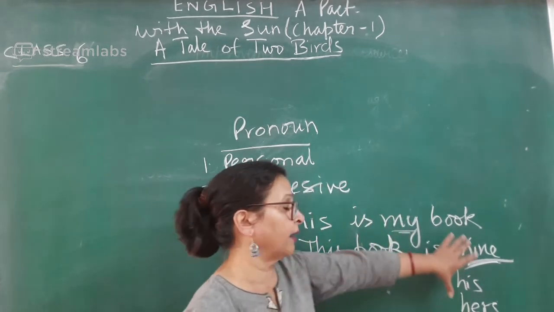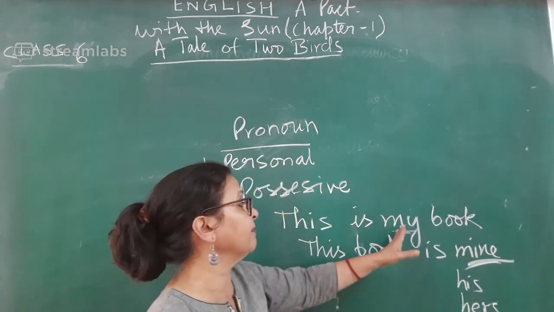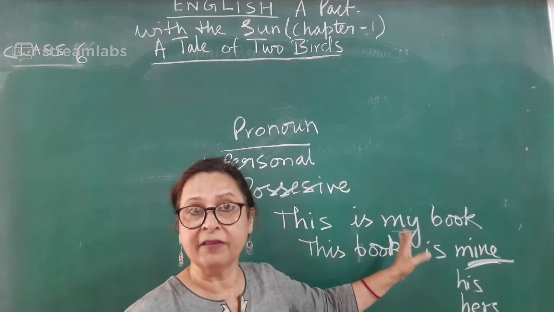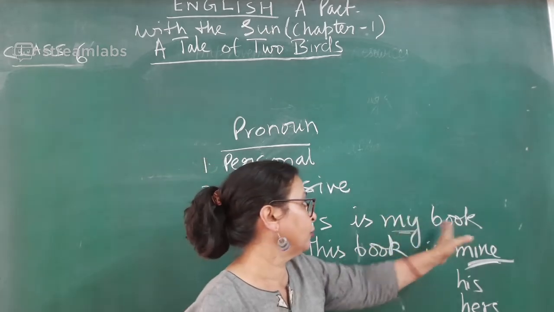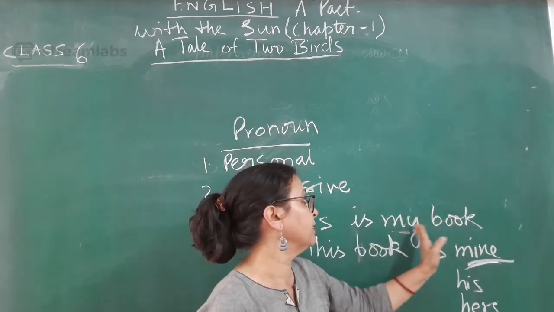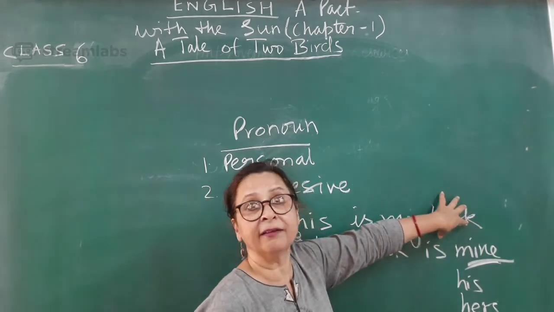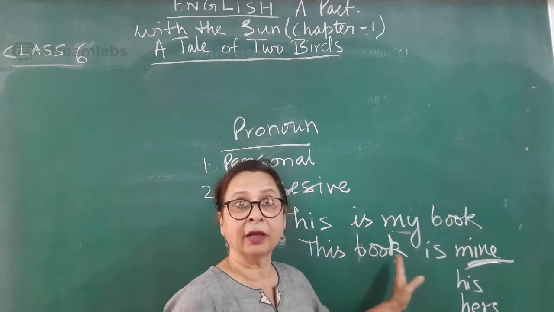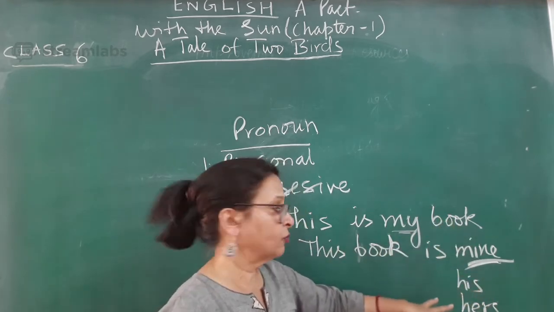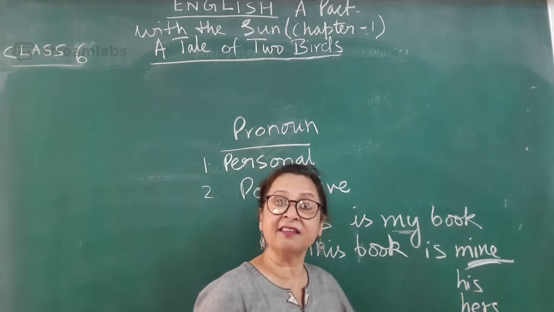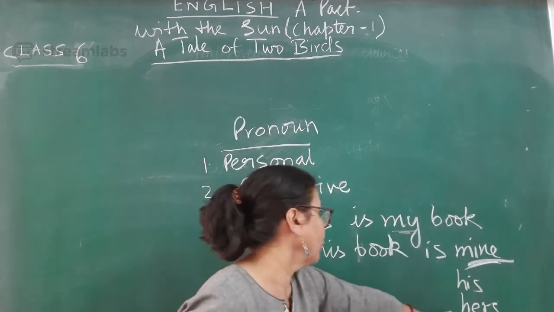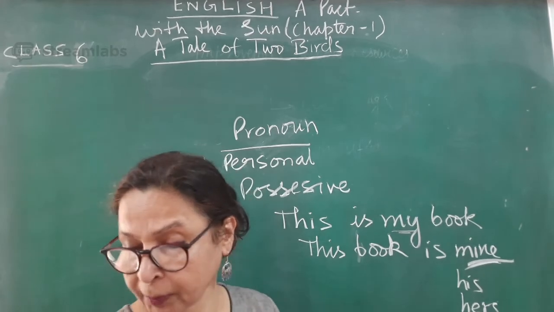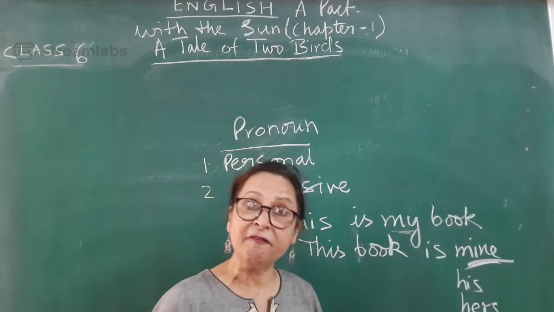These we can call determiners, or adjectives also, because they are describing whose book: my book, his book, their book. But if I say it is theirs, then it is a possessive pronoun. Clear? So: personal pronoun, possessive pronoun, then reflexive pronoun.